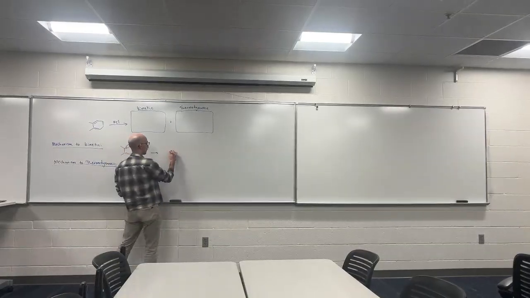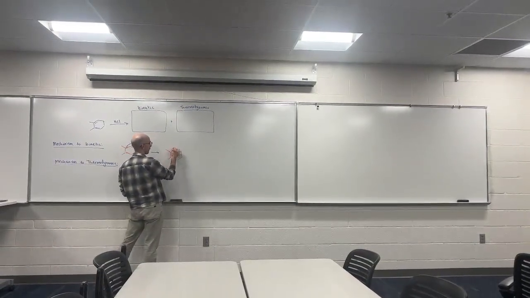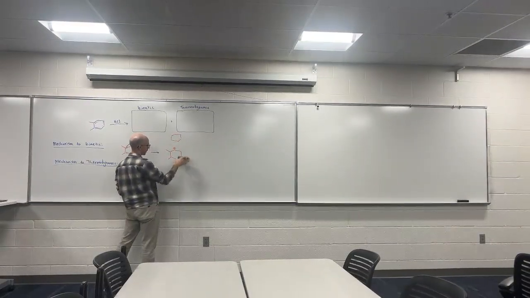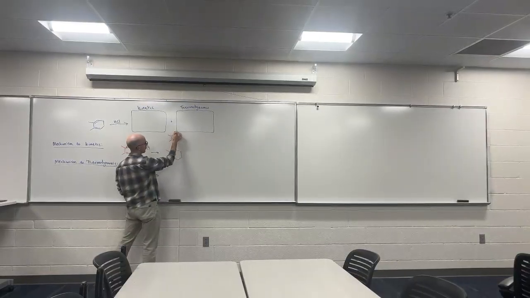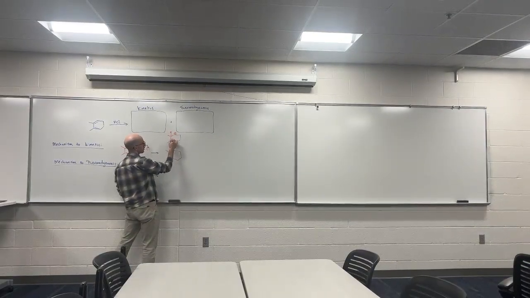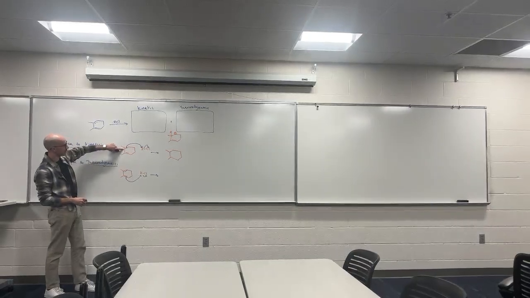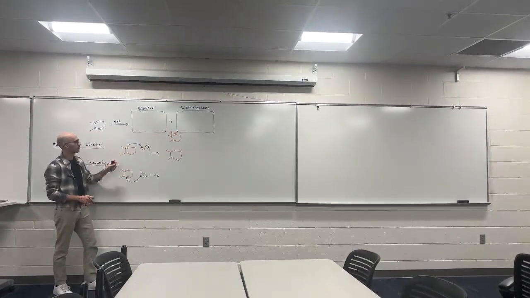I could place a carbocation at this secondary position. Sorry, I'm actually going to redraw that up here because it's not the one we're going to go to. And I could add the hydrogen to the tertiary position. So the change has been made to the tertiary carbon. Nothing has been made to that secondary carbon.